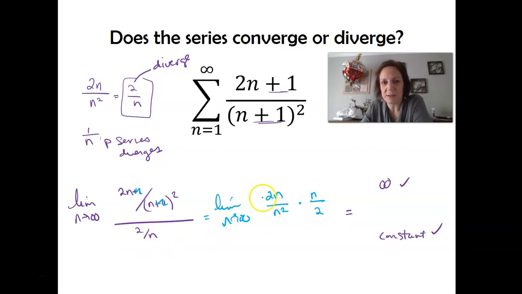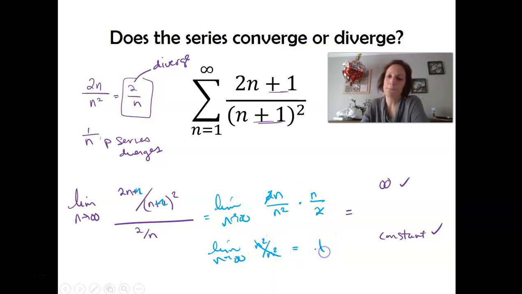Get rid of the fractions. And what I have is n squared over n squared. So I have the limit as n approaches infinity of n squared over n squared, which is 1. Okay, so we were right. These +1s, who cares? This series and this series are going to behave in the exact same way, and that's what we've just proven.